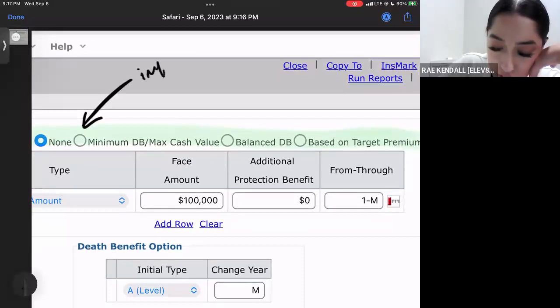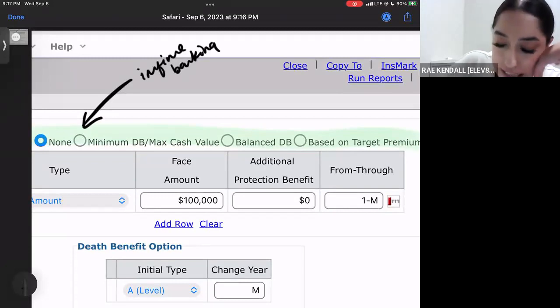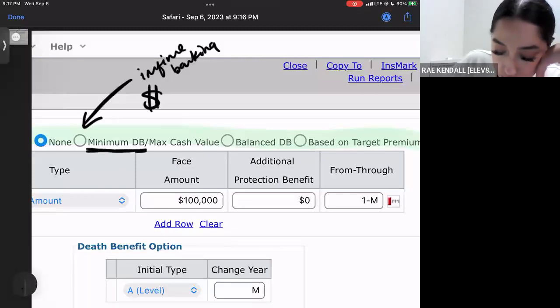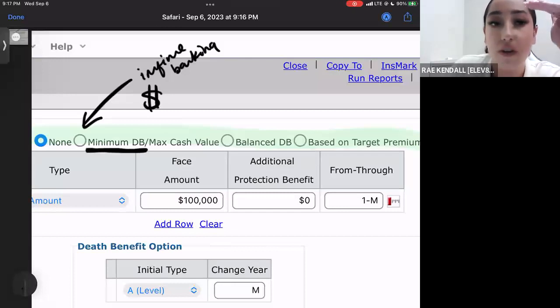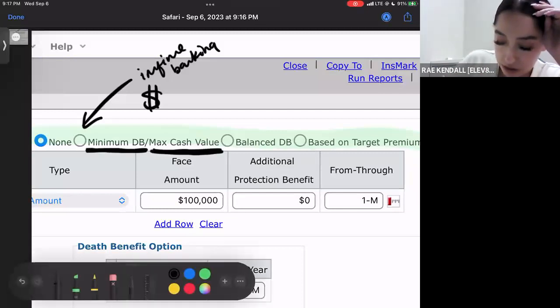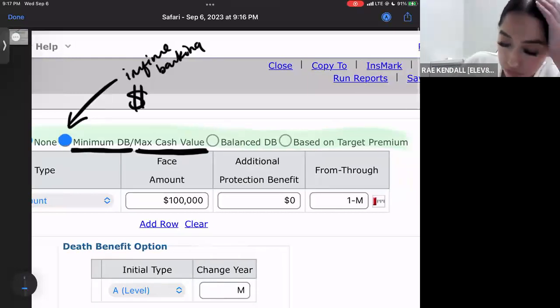So this is more of the infinite banking strategy, right? So what this is saying is that my dollar amounts are minimum going to the death benefit of my life insurance policy, keeping my cost of insurance low. It's allowing me to minimize as much life insurance down to the least amount that legally is possible, while most of my money is going to maximum cash value. If you're building an IUL, you want your blue dot right here. Okay.